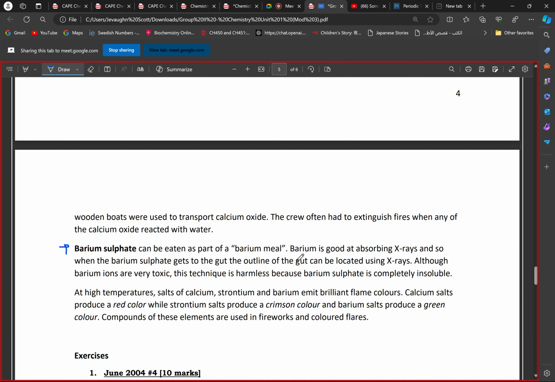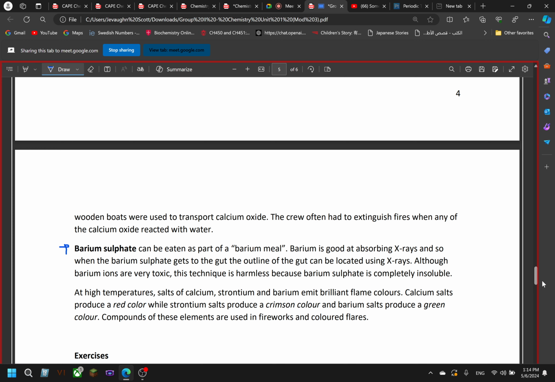Therefore, if barium sulfate is consumed, it can outline parts of the gut by using X-rays. So when it goes through the gut, you can use X-rays to see the path of the barium sulfate. So although barium ions are very toxic, this technique is harmless because barium sulfate is completely insoluble, right? So we have that there.